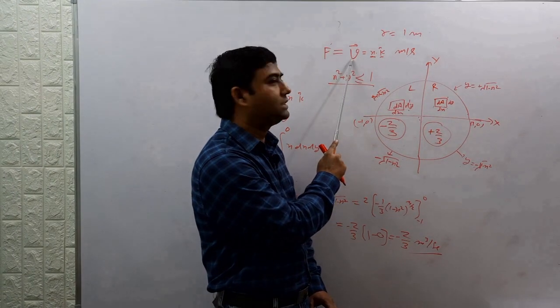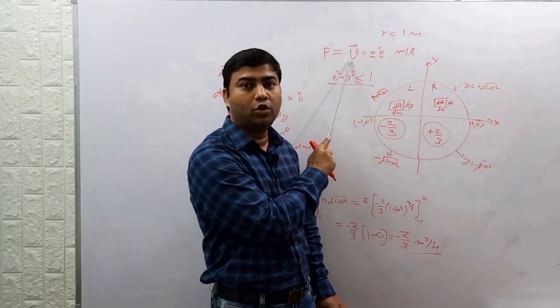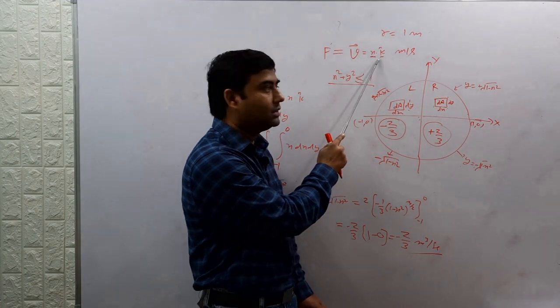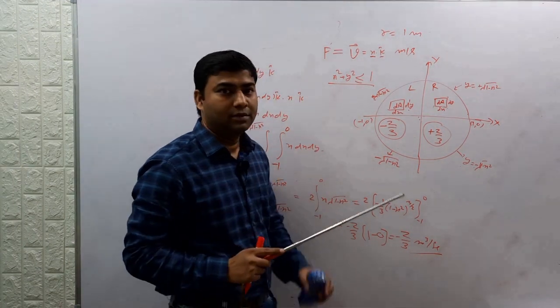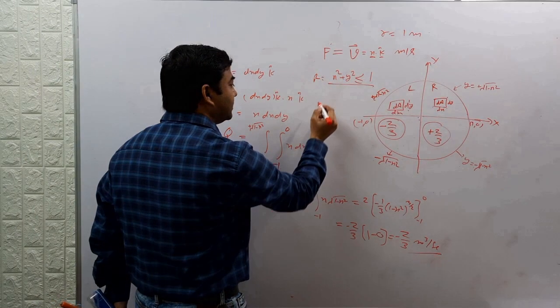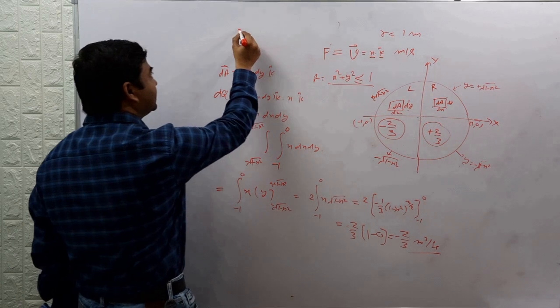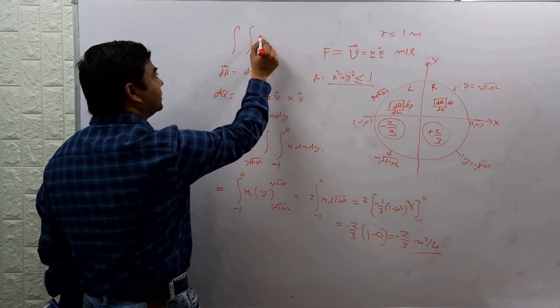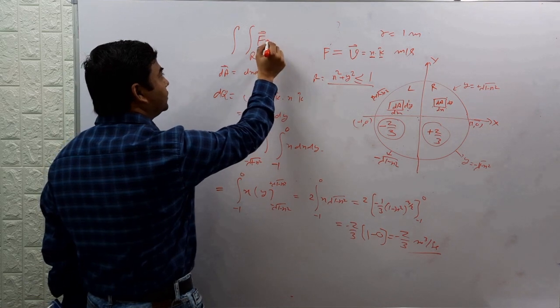For a field which is given by the velocity of a fluid through this region, this field is x k and this is the region. So here the equation of the region is this, which we were using in double integration, for the flux integral of F dot dA.